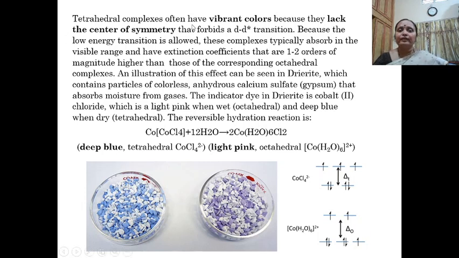Tetrahedral complexes often have vibrant colors because they lack a center of symmetry, so d-d transitions are allowed, and the low energy transition is allowed. These complexes typically absorb in the visible range and have extinction coefficients that are 1 to 2 orders of magnitude higher than those of the corresponding octahedral complexes.